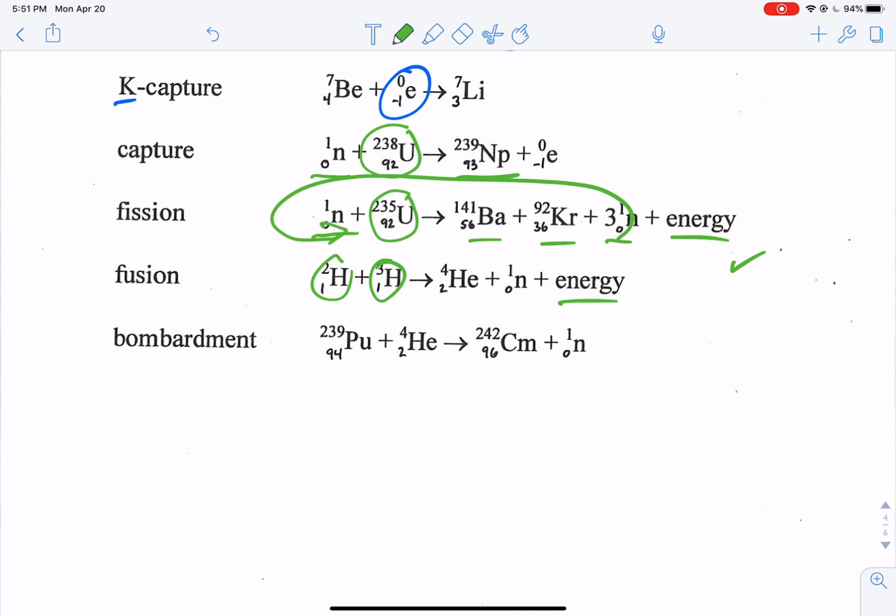And if we wanted to create or synthesize, make elements that do not naturally exist, like curium, we would take an already existing big element, like plutonium, and smash smaller particles into it. And hopefully they stick and we make elements that don't exist.